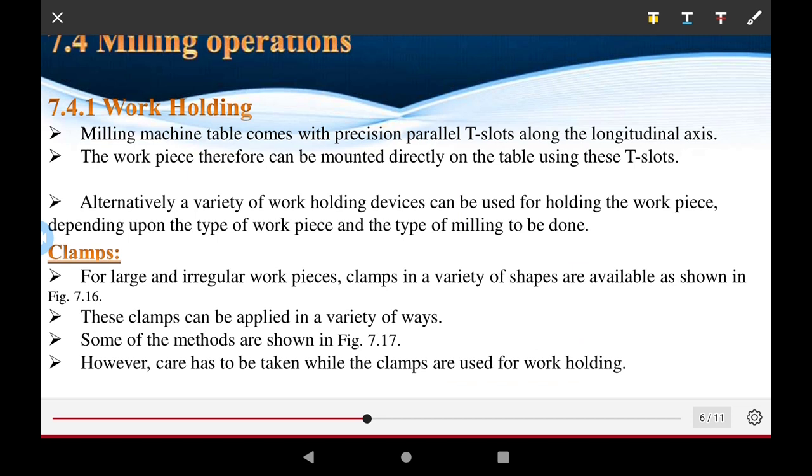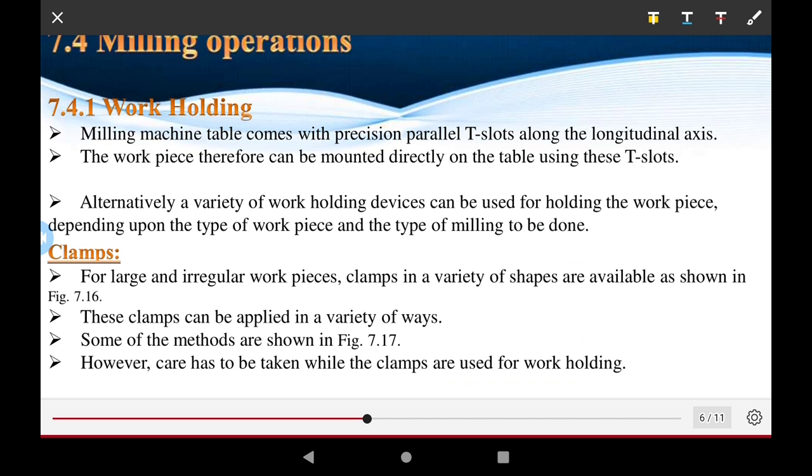The choice depends upon the workpiece size and table size, and the cutting tools also depend on the size of the work holding devices.